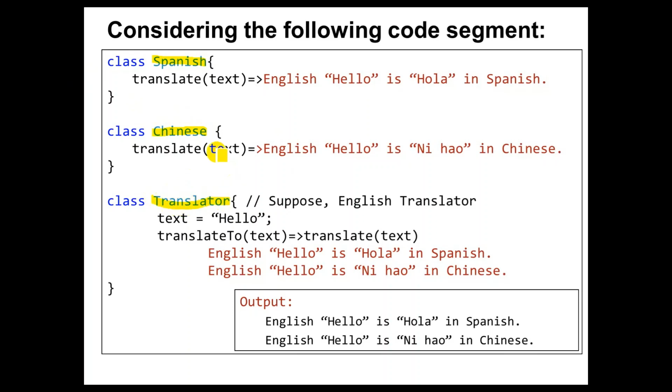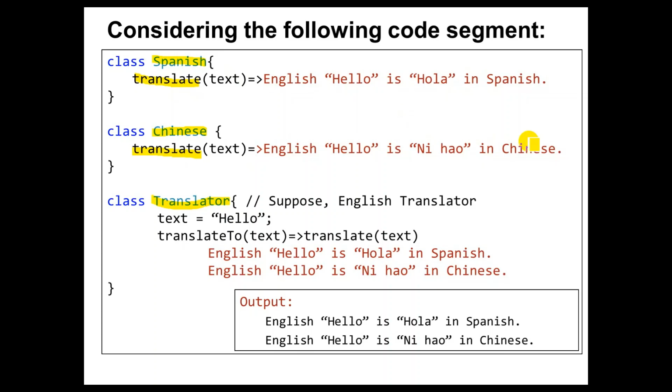If you look carefully, you will find that in the Spanish class and the Chinese class we have the same method name, the same method. But the translate method in the Spanish class shows the output: English hello is hola in Spanish, and the translate method in the Chinese class shows English hello is ni hao in Chinese.